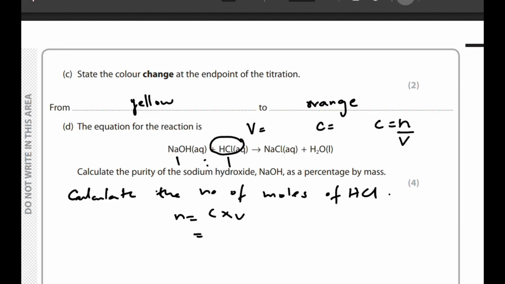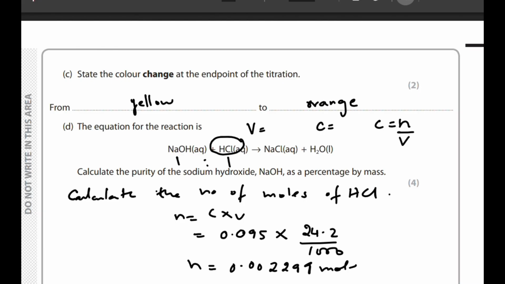The concentration is 0.095 moles per decimeter cube and the volume is 24.2 centimeter cube. So we need to convert the volume into decimeter cube. So we will divide that by 1000. Now the moles comes 0.002299 moles. Okay, so this is the answer.